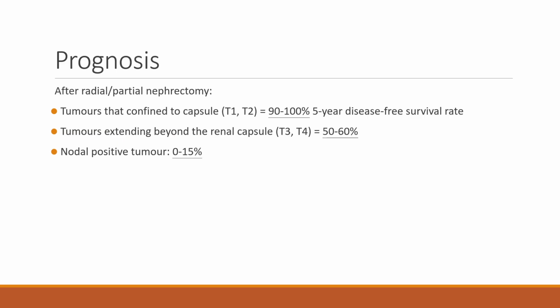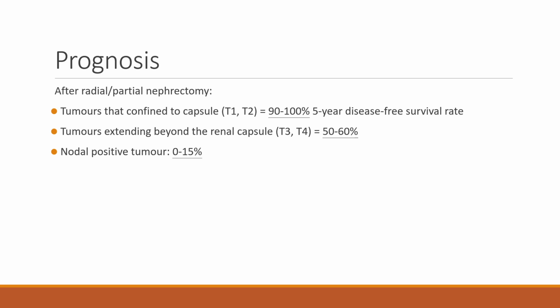And for the prognosis, after the radical or partial nephrectomy, we send the tumor to the lab. If the tumor is confined to the capsule, which is T1 or T2, we have a very good 5-year disease-free survival rate, which is 90 to 100%.